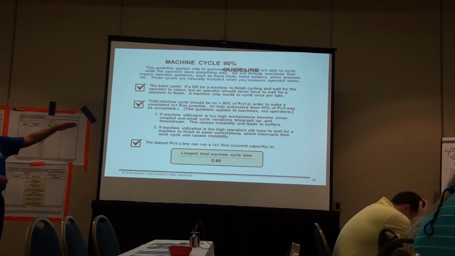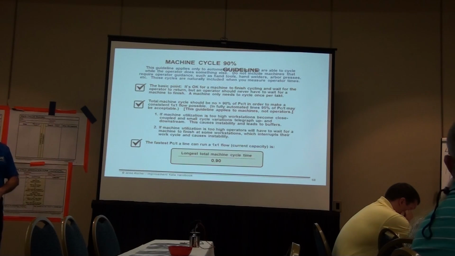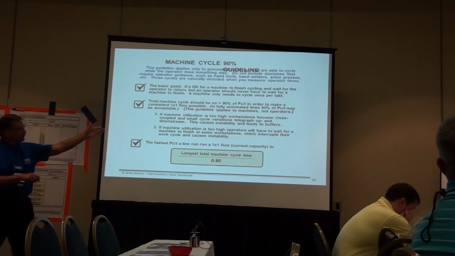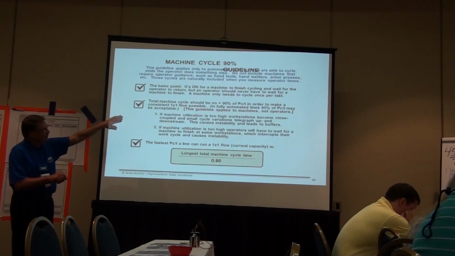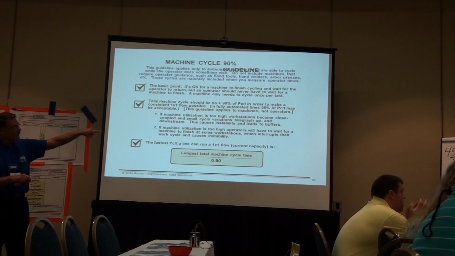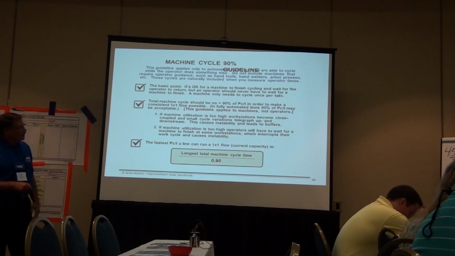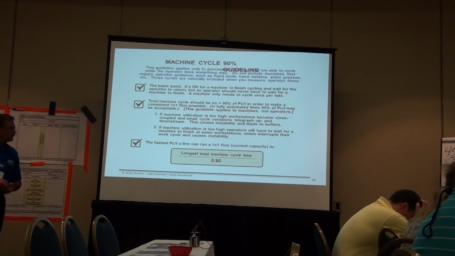If machine utilization is too high, then workstations become closely coupled, and small cycle variations telegraph up and down the stream. That contributes to instability and leads to buffer. Also, the operators will have to wait for a machine to finish, and that interrupts their pattern of behavior as well.